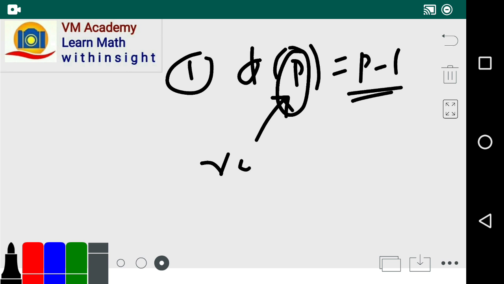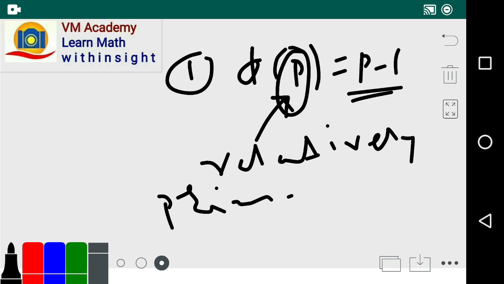So phi of p means the total number of relatively prime numbers up to p.